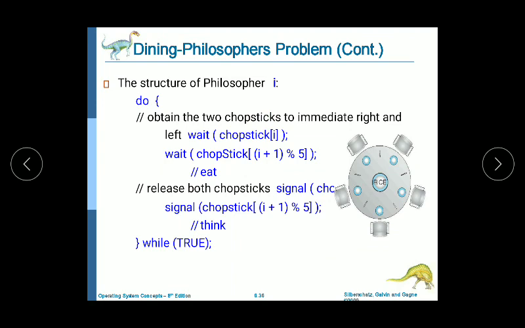Then after eating, she will release both chopsticks by calling signal, one chopstick immediate right and left. After that, after releasing the chopsticks, she will go to a state called thinking. Okay, understood the code, right? First call wait to grab the chopsticks, then eat with the help of two chopsticks, then release both chopsticks by calling the signal function.